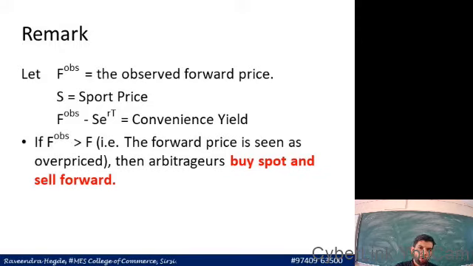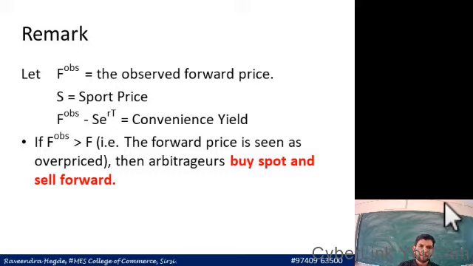If F_obs is greater than F, that is, the forward price is seen as overpriced, then arbitrageurs buy spot and sell forward. Clear? If the observed forward price is greater than F, that indicates we have to buy spot and then sell forward.